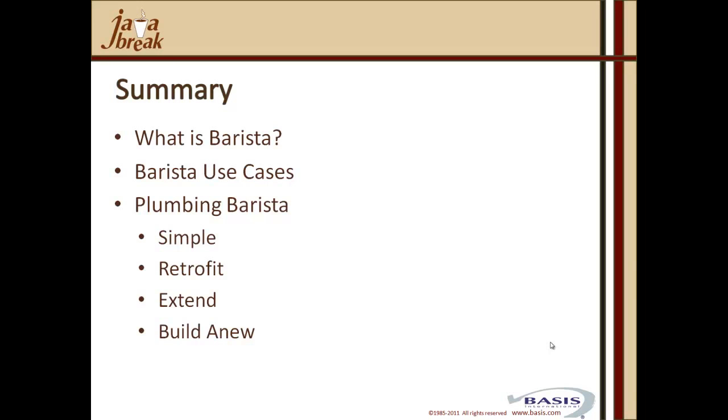Some very simple examples where we just run an outside program from within Barista, how we can retrofit pre-existing BBJ GUI code with the Barista plumbing, how we can extend a Barista form with some additional controls and some very complex controls, and finally how we can build a brand new piece of code that wouldn't necessarily fit the data dictionary paradigm, but that can be generated using App Builder or handwritten BBJ code, utilizing our skeletal structure for the Barista plumbing.